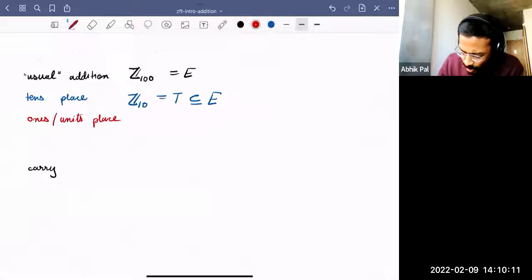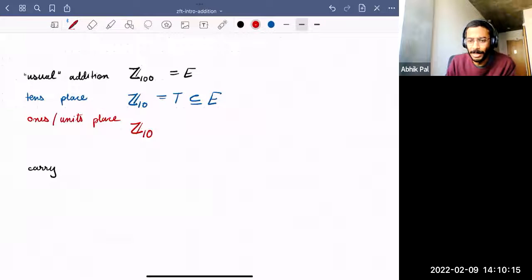And then there's this other group, units place, which as a group is, again, isomorphic to Z mod 10. But this has a different relationship with E, because it doesn't make sense to think of the units as a subgroup of E, because they keep repeating.